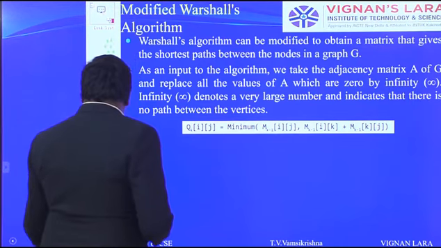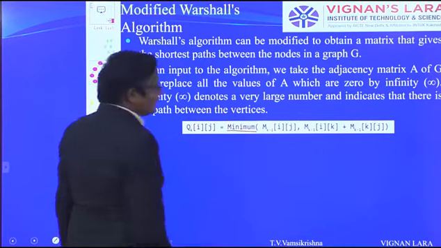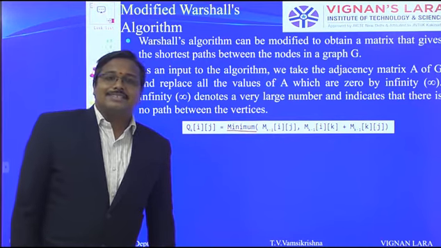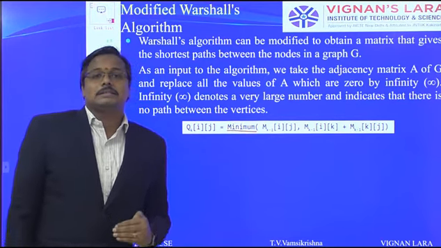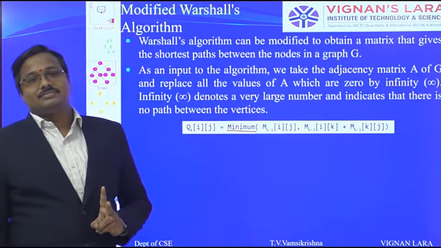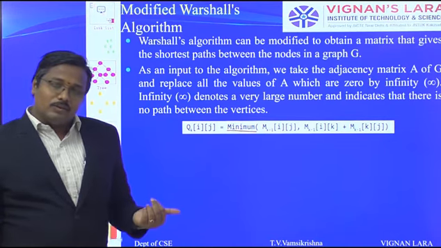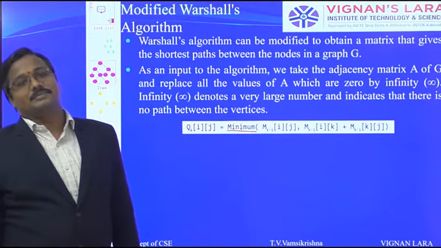In the formula, the change is that we write a minimum. Why is the minimum function required? Because we need to find the shortest distance between two different vertices, or in other words, this is the all pair shortest path algorithm.